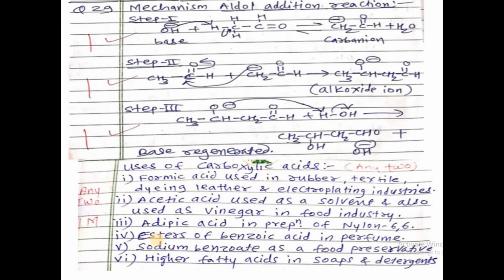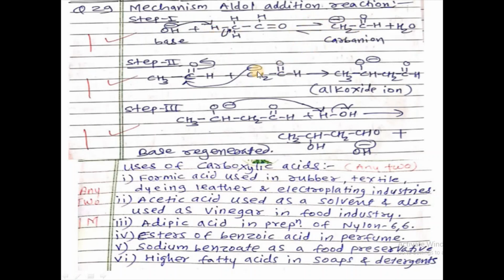Question number 29: mechanism for the aldol condensation reaction. 3 steps are there. And another question mentioned 2 uses of carboxylic acid. In the first step, what do we have to do? CH3CHO is acetaldehyde. Base abstracts the proton and formation of carbanion takes place. It is necessary to draw the arrows in the proper direction.